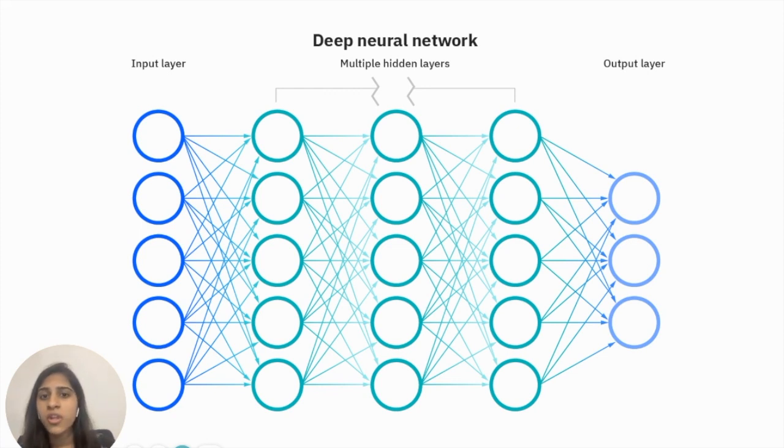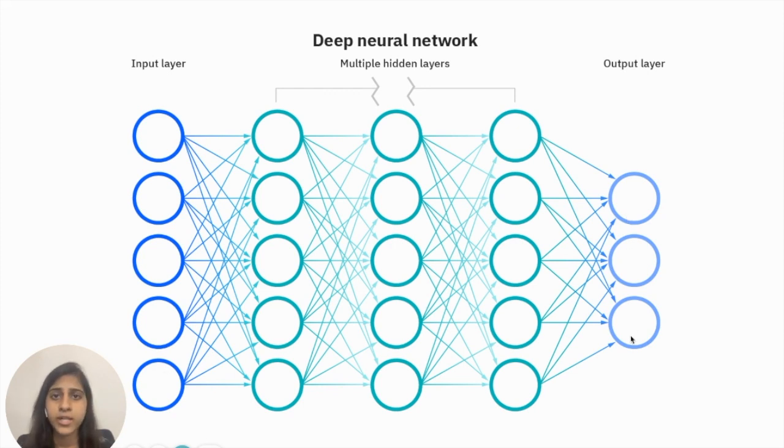So, a neural network is essentially connected layers filled up with neurons, and you can call them nodes as well. In a neural network, it starts off with an input layer. These get specific information from the data sets. And then we have the output layer.